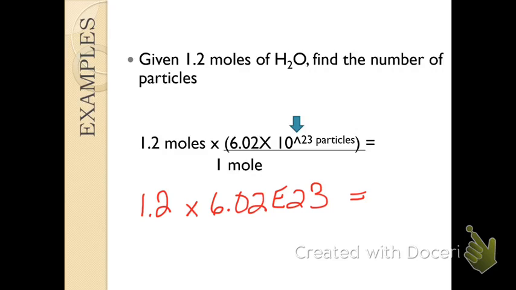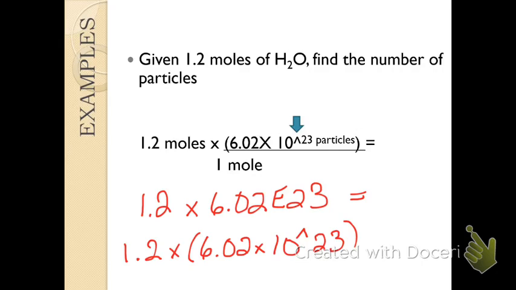If you're not going to use the E key, you're going to clear your calculator and put 1.2 times, open parentheses, 6.02 times 10, caret key, 23, close parentheses, equals. Either one is fine.